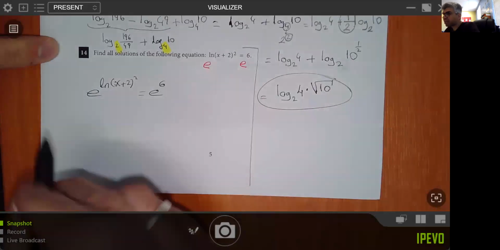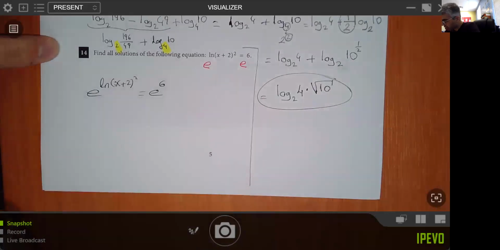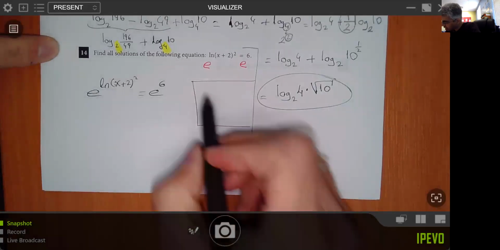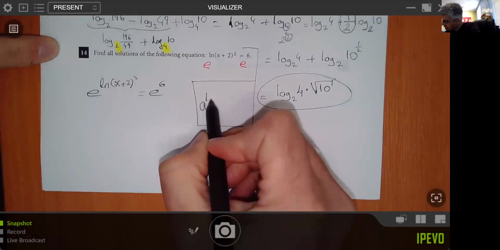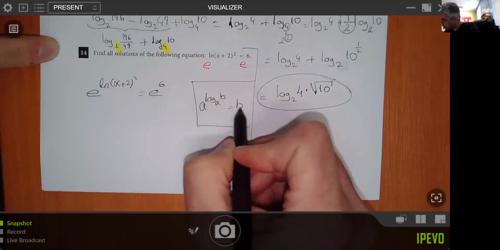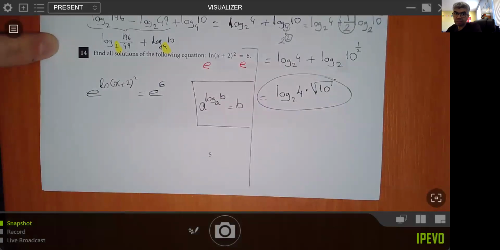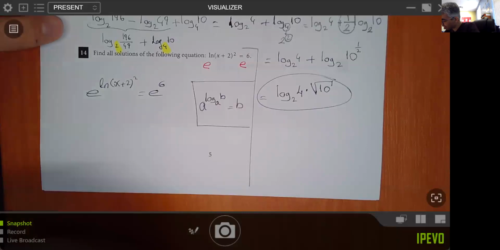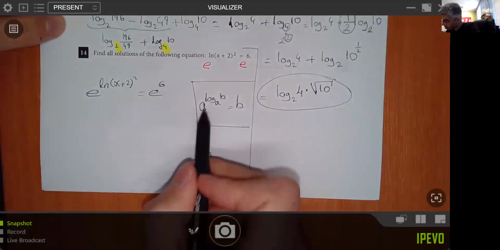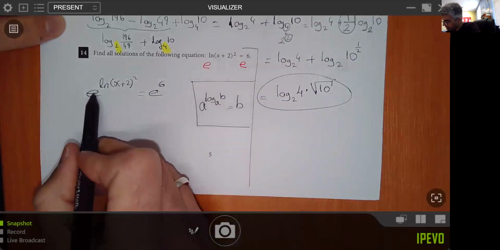Guys, remember, we have studied the properties, and one of them was a to the power of log of b base a is equal to b. I even remember which student wrote this on the board. So, guys, do you see e here?